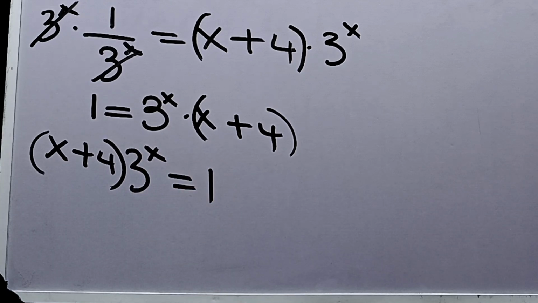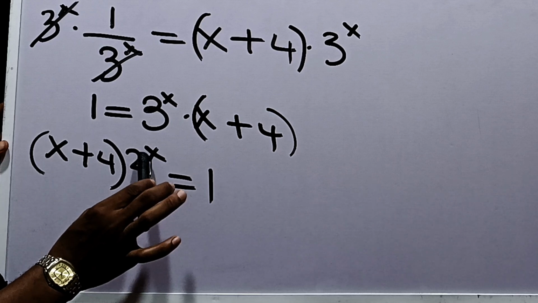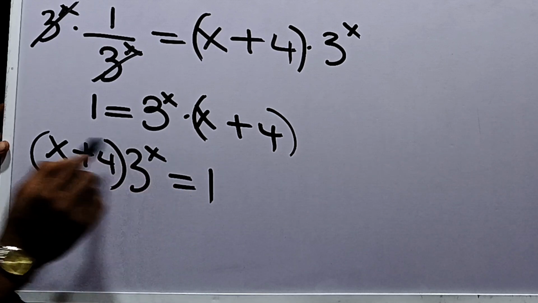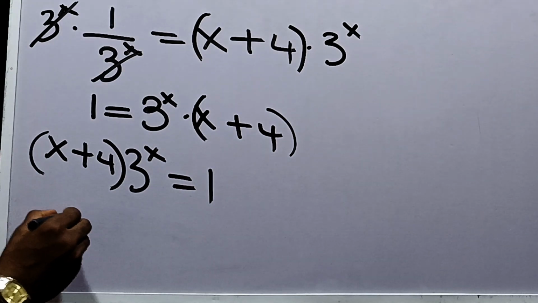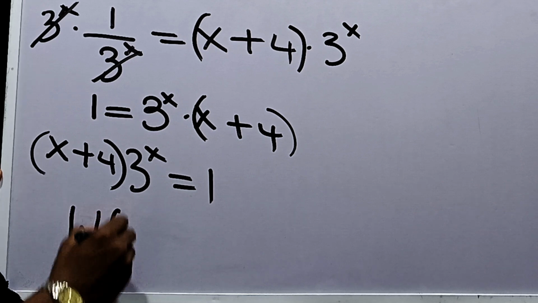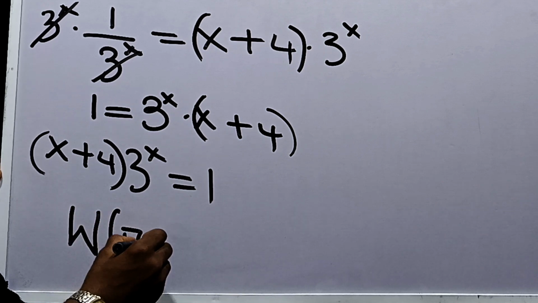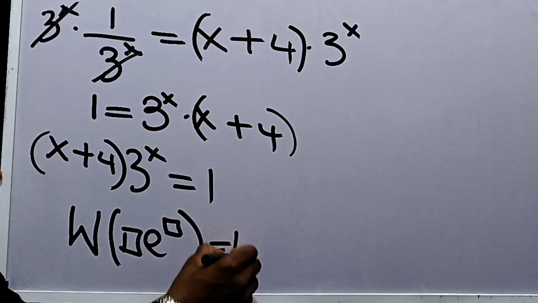Alright. At this point, we're going to try to use the formula known as the Lambert W formula, okay, to solve this. Now, the Lambert W formula is used when we have x in the base and x as a power. As you can see, x is an exponent here and x is in the base. So you're going to use the Lambert W formula to make it easier for yourself. The Lambert W formula states that when we have W, which is the product log, of a number multiplied by e raised to that same number, it's equal to that number.